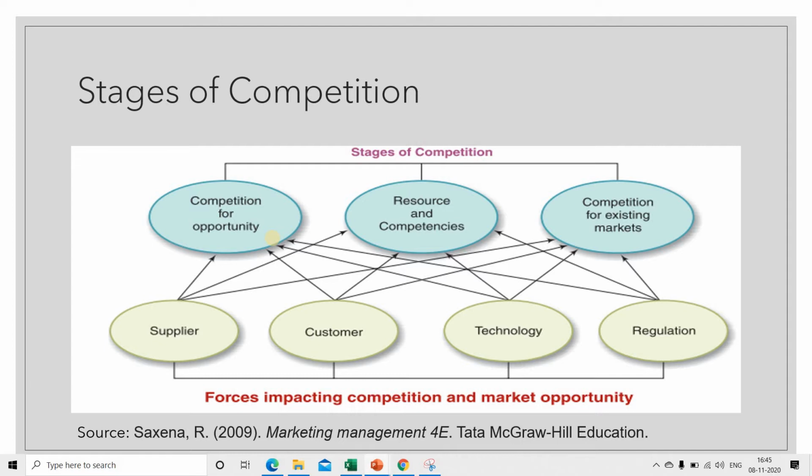So the competition for opportunity entirely depends on the vision of the organization and the leadership. The broader the vision, the more number of opportunities that could be envisioned. So here, for instance, let us see when Jio enters the telecom. It does not just look for telephony or the communication.